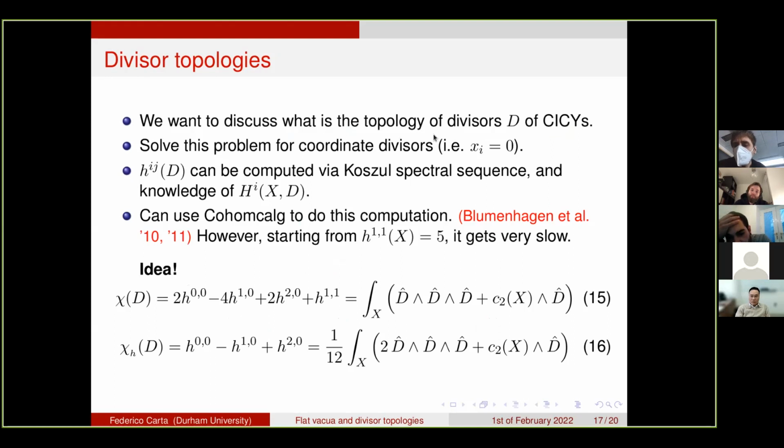In toric hypersurfaces, it happens quite often that such divisors do exist and they are rigid. I'm not sure if they can exist in CCs, but have you looked at that?